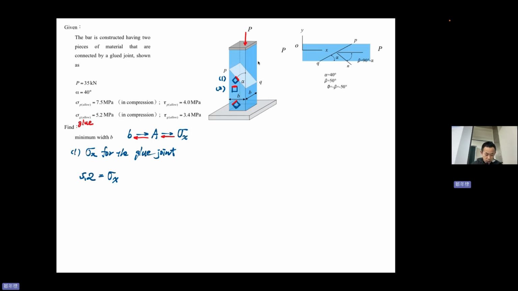Cosine. You need to be a little careful. Is that 40? No, it's minus 50.